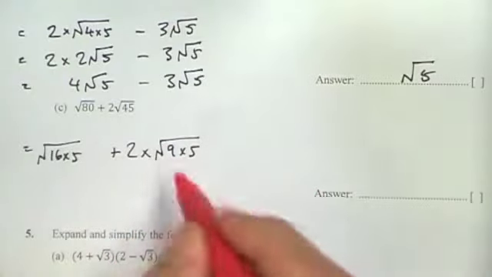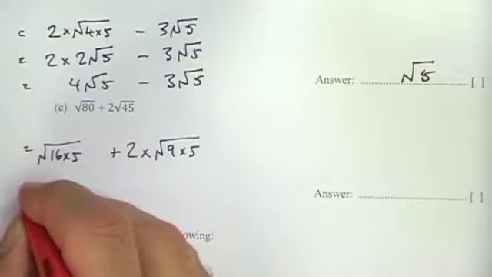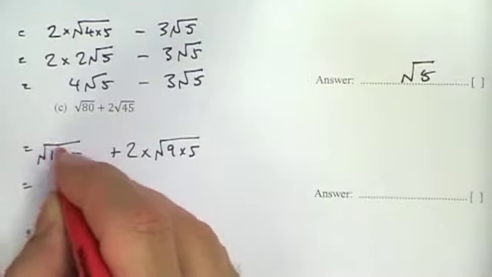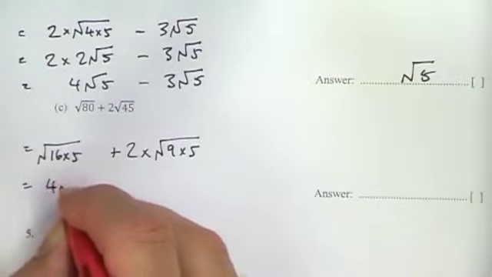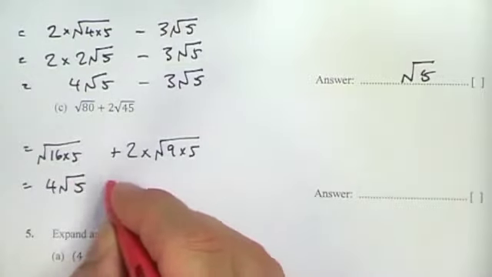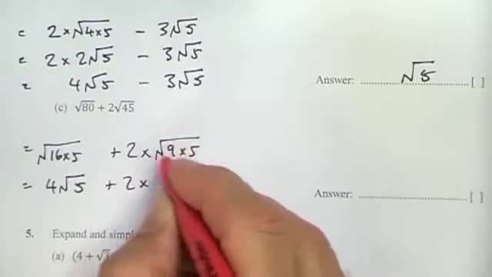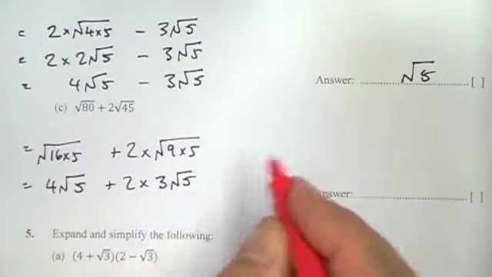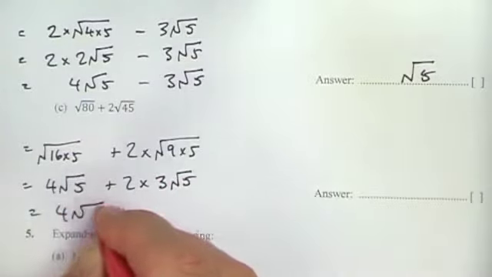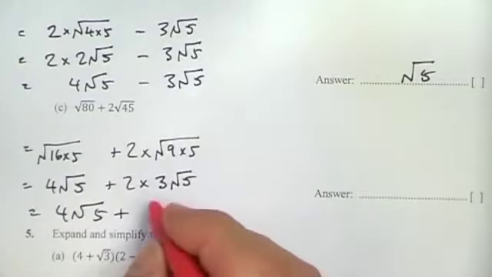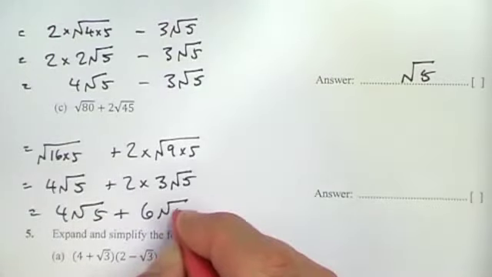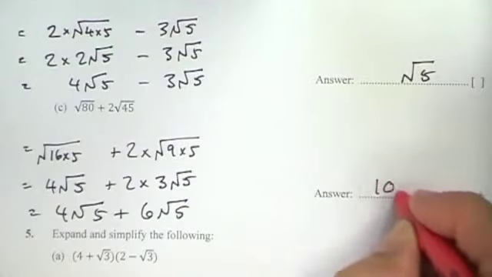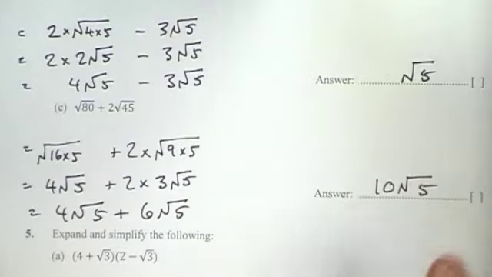So they're both now in terms of 5. For 16 root 5, the 16 can be square rooted and taken outside, so that's 4 root 5, plus 2 times, and the 9 can be square rooted and taken outside, so that's 3 root 5. So that's 4 root 5 plus 2 times 3 root 5, which is 6 root 5, which equals 10 root 5.